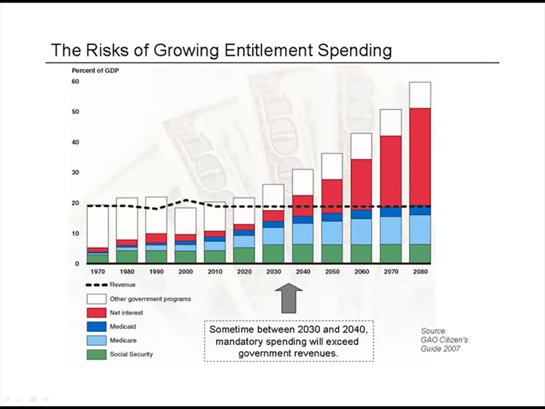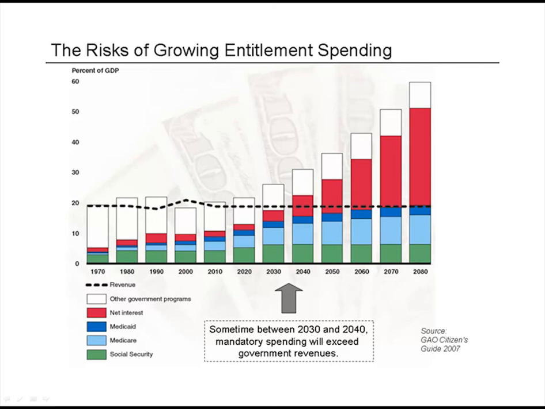That's because we don't know what revenue as a percent of gross domestic product is going to be for the government. It depends on so many things. But we do have a good idea, looking at demographics, what Social Security, Medicare, Medicaid, and then especially net interest on the debt are going to cost us.